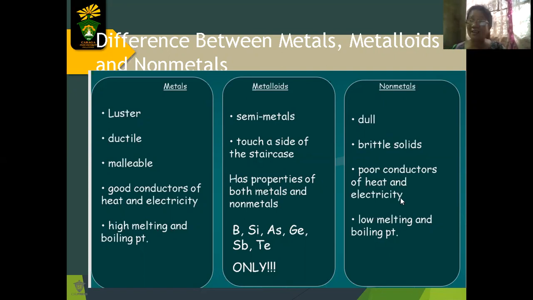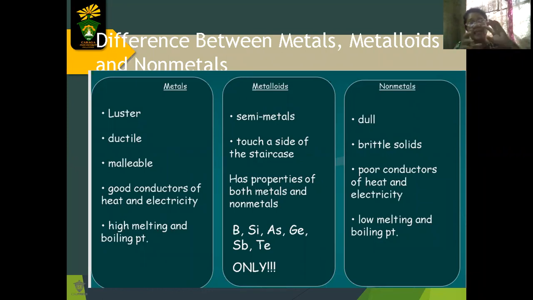That is why in the ladle, the one used for serving food, if it's pure metal alone, what will happen if you leave it for a moment? When you hold the handle, it is very hot, because metals are good conductors of heat and electricity.